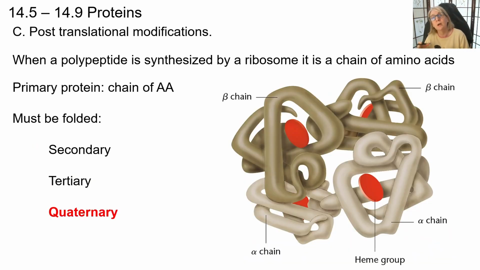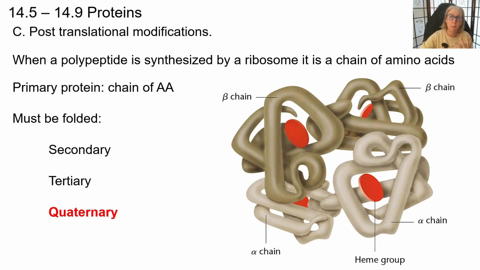But there's one more possible structure. I can take my folded tertiary polypeptide chain and merge it together with another folded tertiary polypeptide chain. This is hemoglobin. Hemoglobin is made of 4 polypeptides.